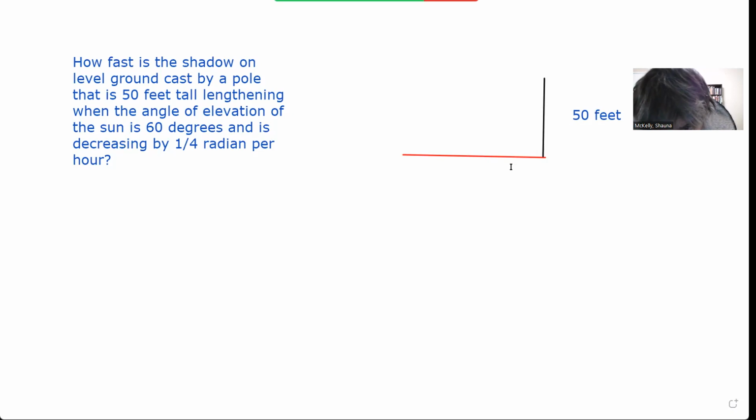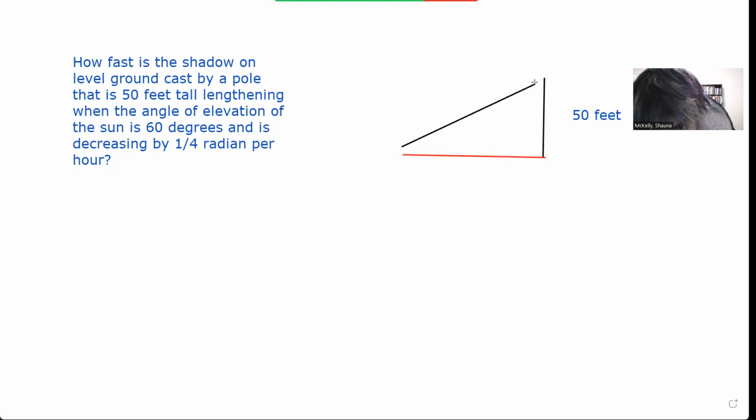The length of this shadow is not fixed. It's going to get longer as the sun goes down. So I have another segment here on this problem, which is I've got the top of the pole and I've got the sun.